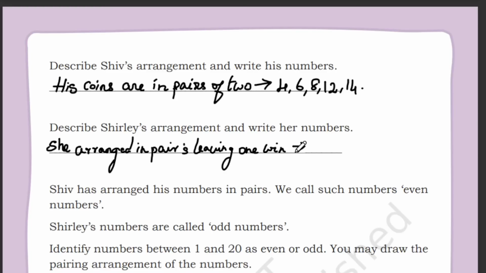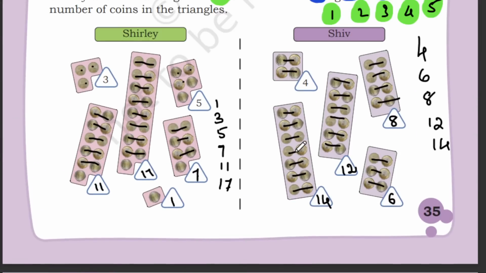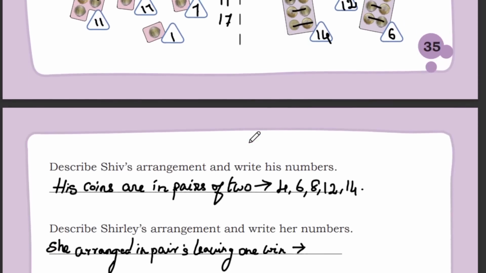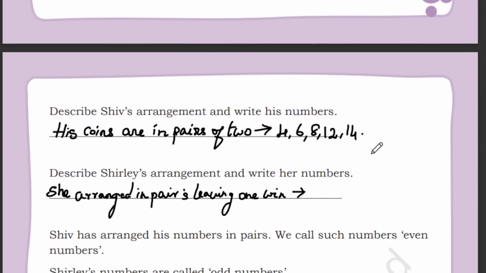Okay, and what numbers did we get? We got 1, 3, 5, 7, 11 and 17. So you can write the numbers: 1, 3, 5, 7, 11 and 17.